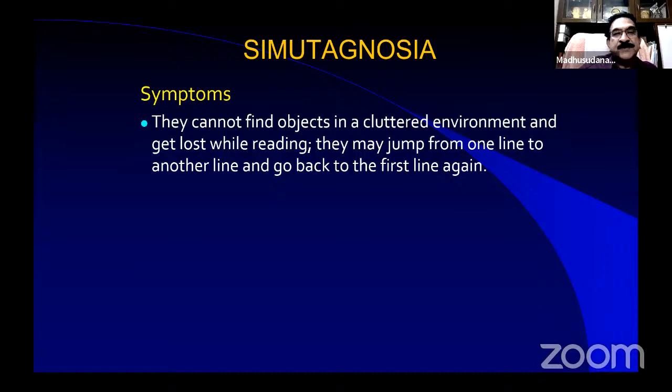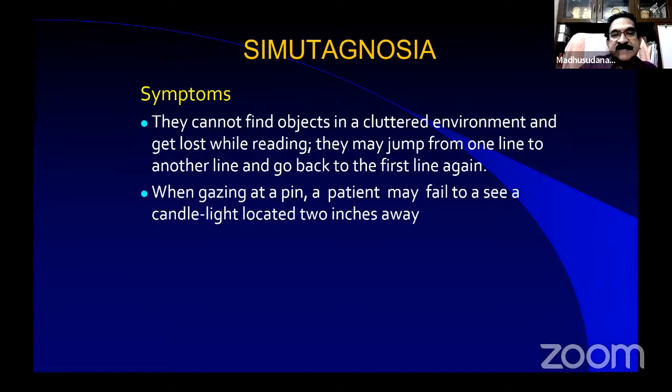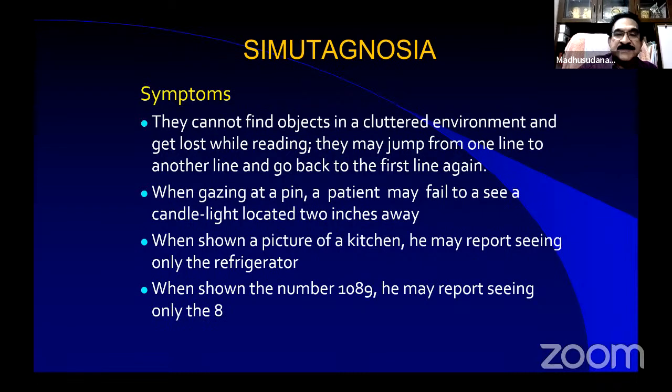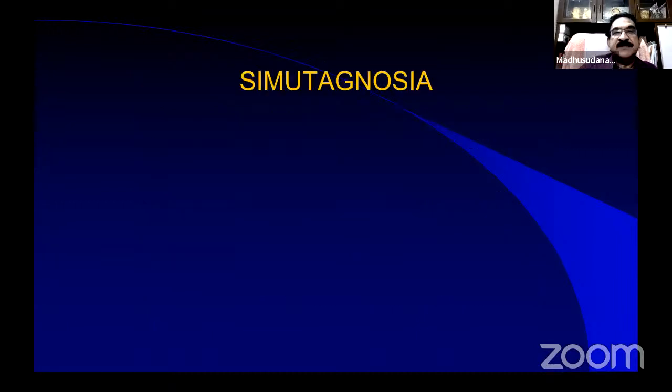They may jump from one line to another and go back to the first line again. When gazing at a pin, a patient may fail to see a candle light located 2 inches away. When shown a picture of a kitchen, he may report seeing only the refrigerator. This you already know from the cookie picture. When shown a number like 1089, he may report seeing only 8 because attention is restricted to that area.